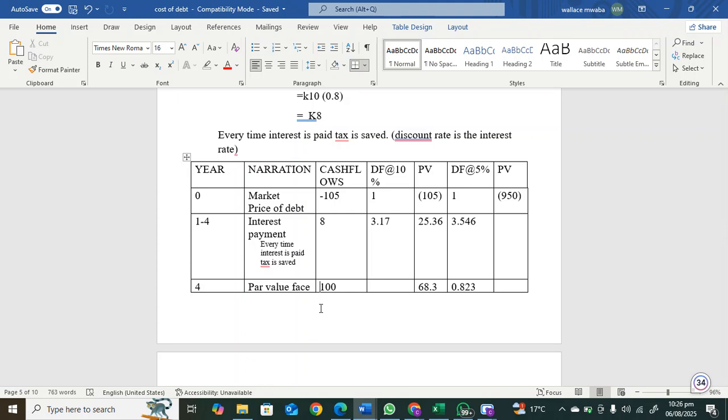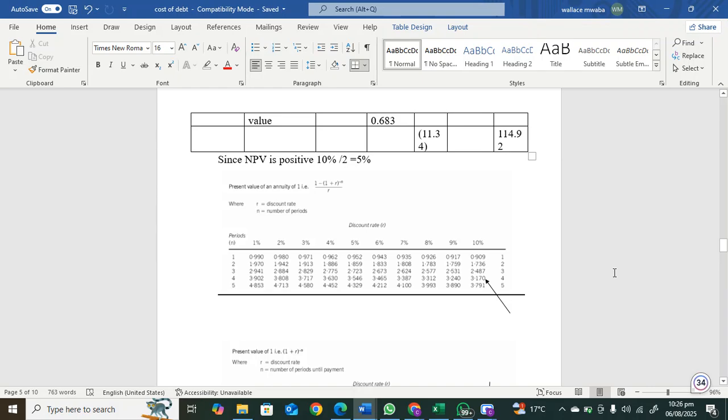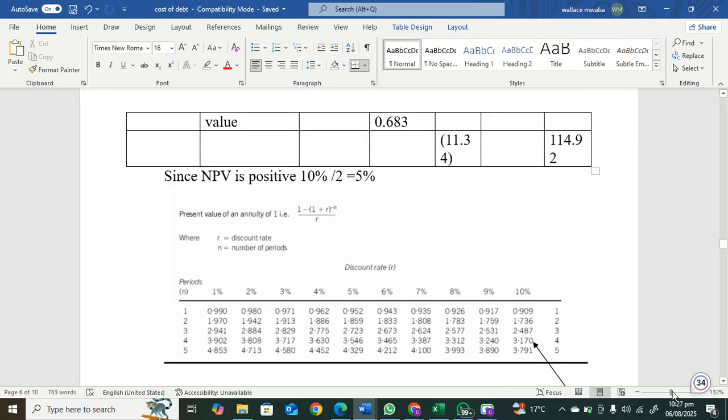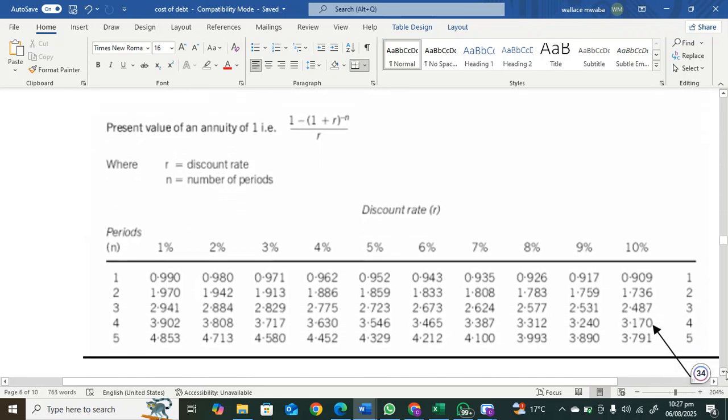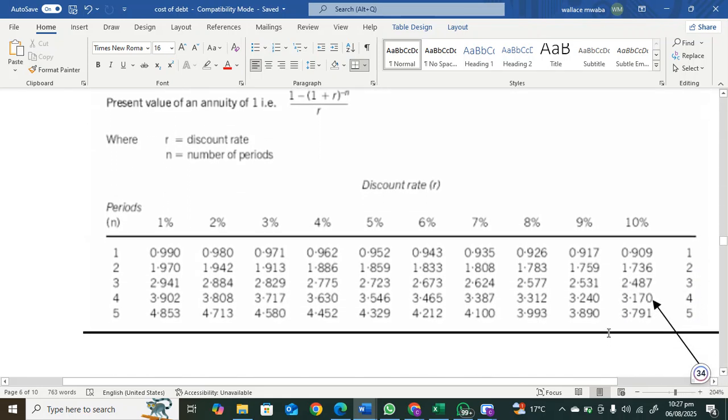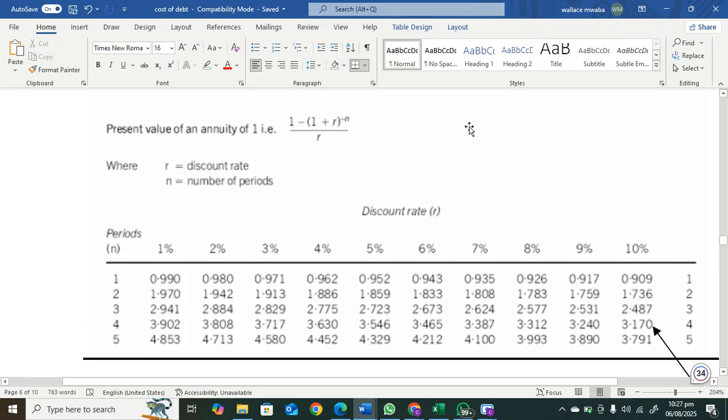So this is the discount factor at 10%. This is where you go to your annuity table. Here I've got an annuity table. Always look at the formula on top. If you're not using the table, you use this formula here.